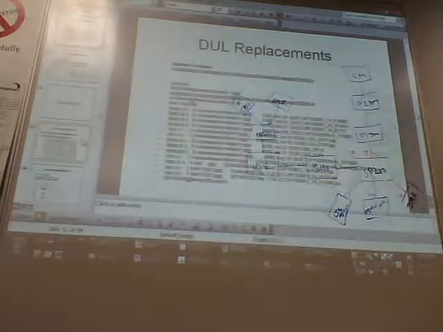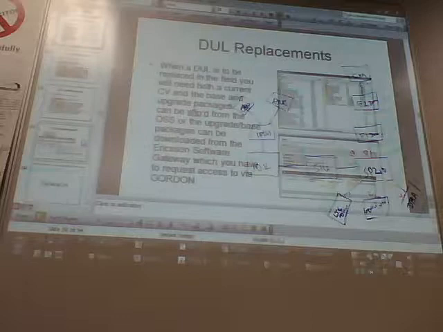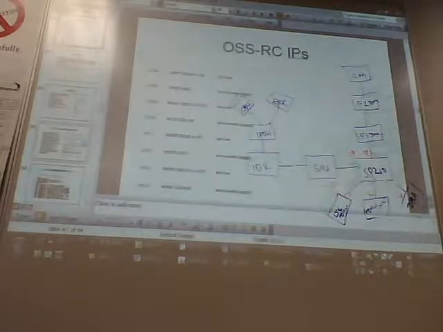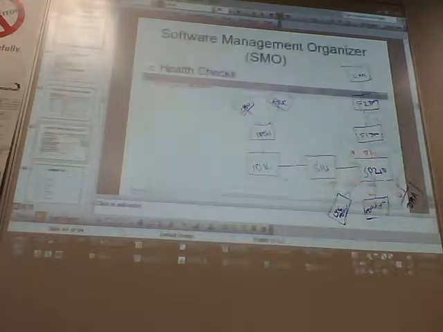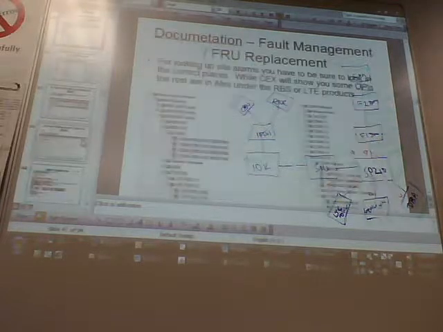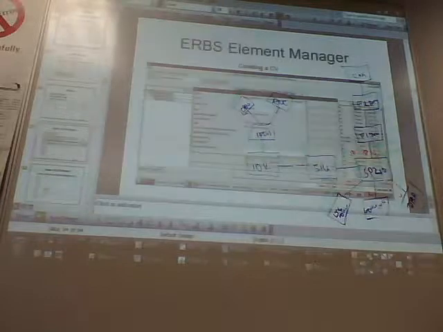But there's some other little stuff in here that might help y'all, like how to get your upgrade packages, an easy way to find your CVs for dual replacements, some AMOS stuff, OSS RC IPs if you need those, mode licensing, where the LKFs actually live, and how to upgrade or update the SB210.